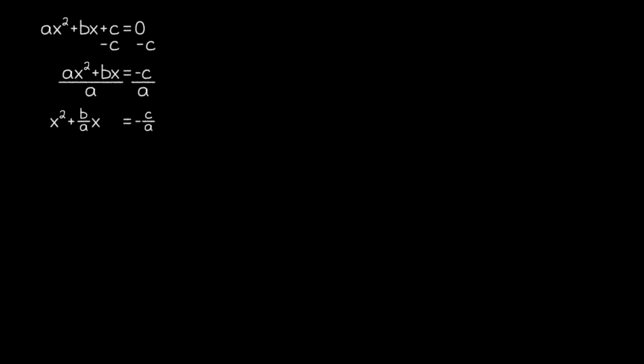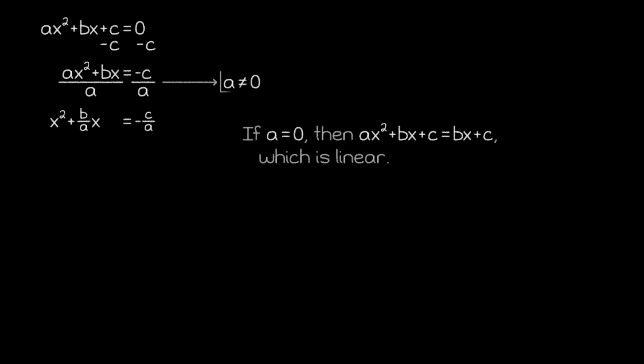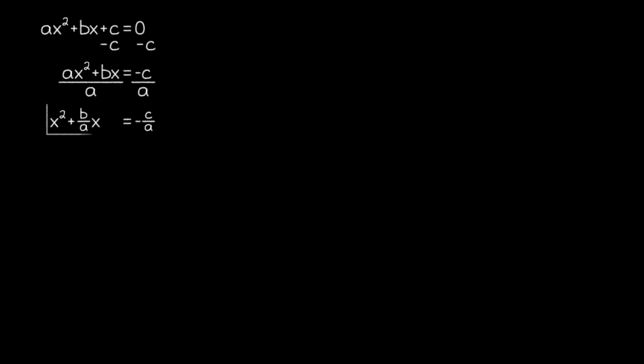Also, note that we aren't allowed to divide by 0, so this step only works if a is not 0. However, if a was equal to 0, then we wouldn't have a quadratic equation anyways, so this distinction ends up being irrelevant. From here though, we do have to start putting in some more meaningful work.